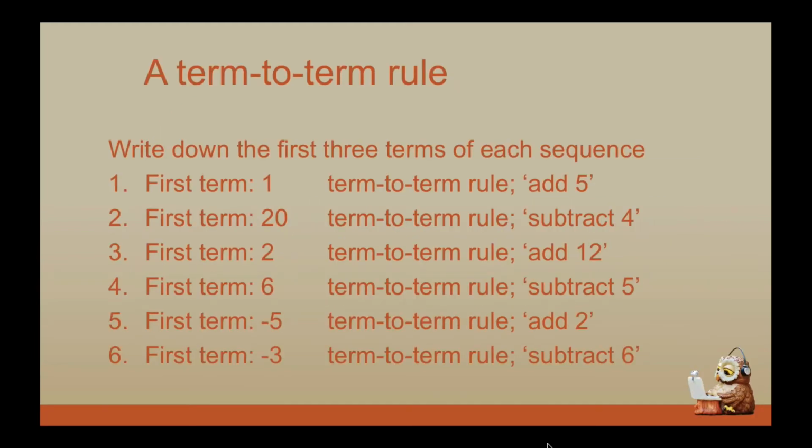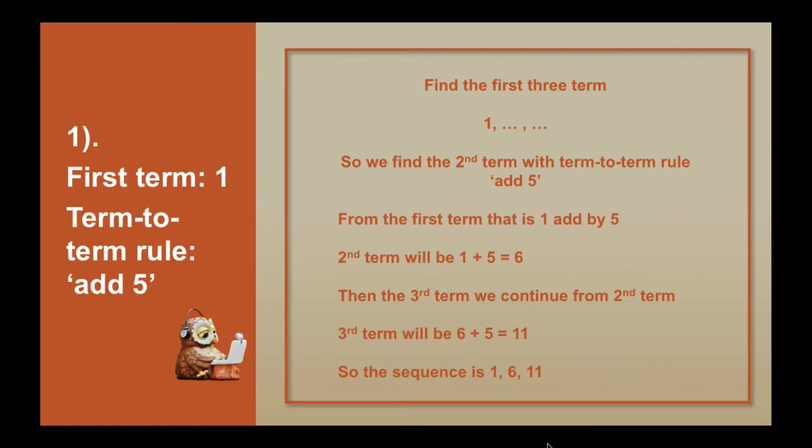A term-to-term rule. How to write down the first 3 terms of each sequence? I will explain number 1, number 2, and number 5. Number 1. The first term is 1, and the term-to-term rule is add by 5. So we will find the second term and the third term.